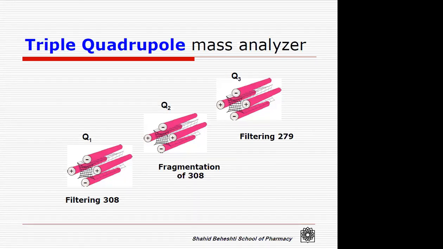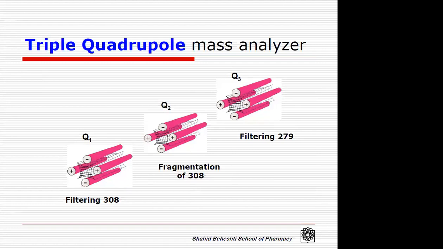Based on the structure of the compound which has passed Q1, we will have different patterns of fragmentation. And the result is going to be specific fragments for the molecule which has passed through Q1. Based on the structure of the compound, they will give different fragments.